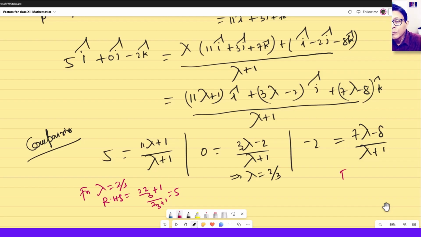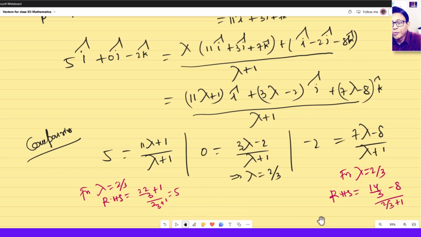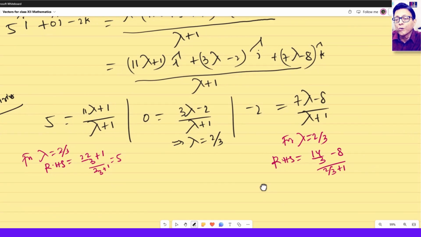Here for lambda equal to 2/3, RHS, so what you get there? It is going to be (14 minus 24) divided by 5.